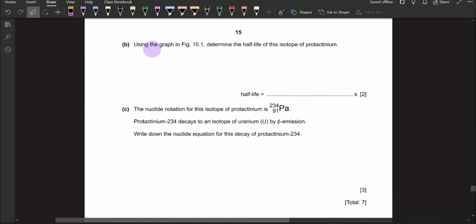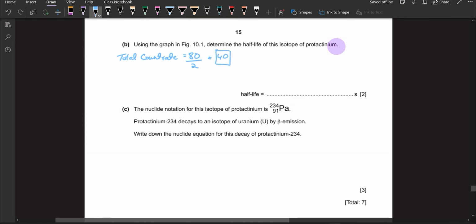Part B says using the graph in figure 10.1, determine the half-life of the isotope Pa. So we can see here that the initial count rate is 80 in the graph, and for determining the half-life, if you divide this by 2, it should be 40. The count rate should be 40.